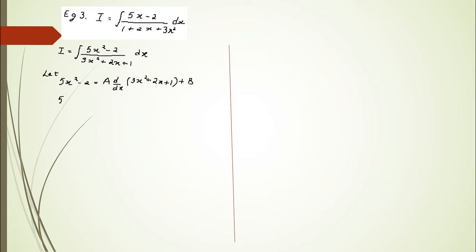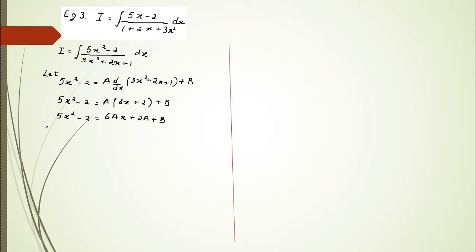Therefore 5x minus 2 is equal to a into 6x plus 2 plus b. Therefore 5x minus 2 is equal to 6a into x plus 2a plus b.